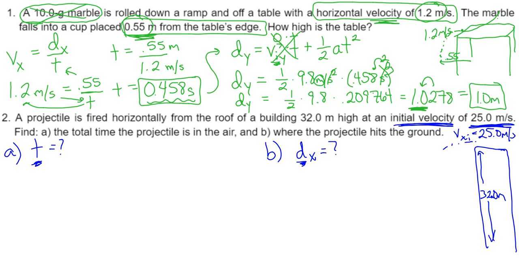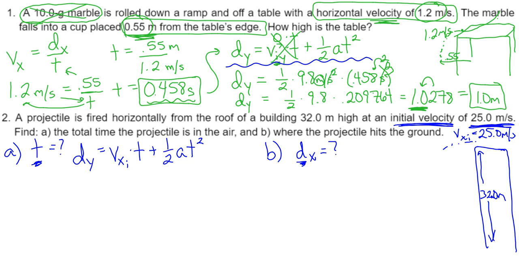So for A, again, we're going to use our vertical distance formula because we were given an initial velocity. We want to find time. We know that the acceleration due to gravity is 9.8 meters per second squared. So let's first set this up: dy is equal to the initial velocity times time plus 1/2 a t squared.